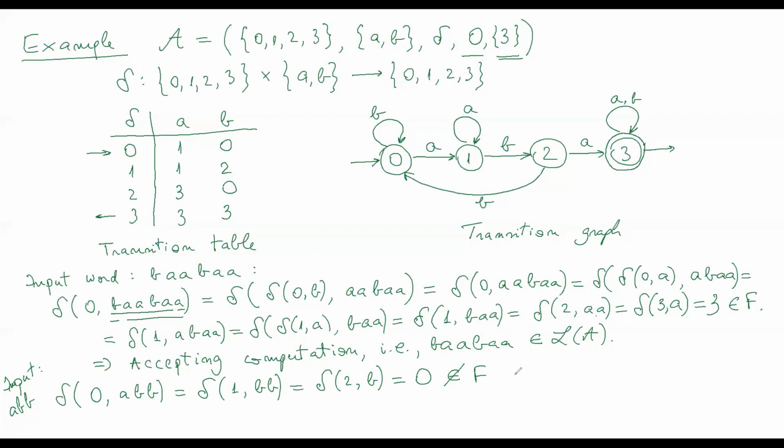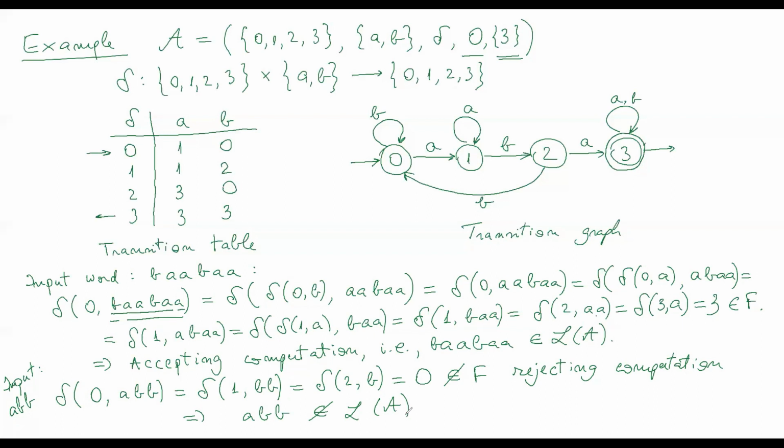So this is a rejecting computation. So we say that the input word we had is not in the language of A. We also say that it's rejected by the automaton, and we also say that it's not recognized by the automaton A.